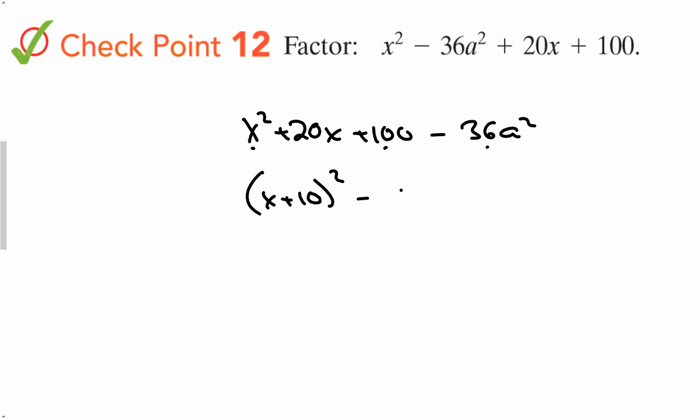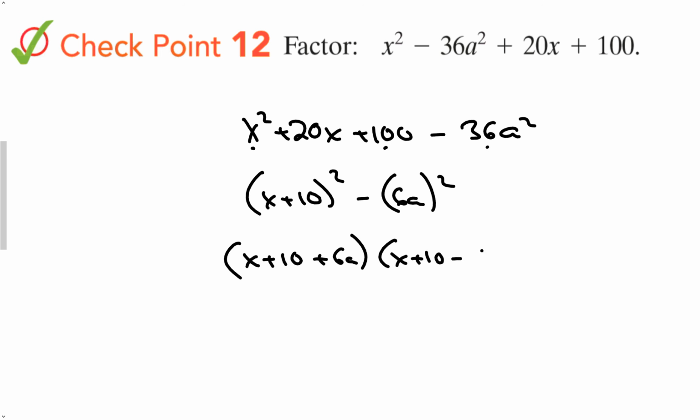This one becomes 6a squared. And now this is the difference of perfect squares. X plus 10 plus 6a, x plus 10 minus 6a. Using the same technique from before.